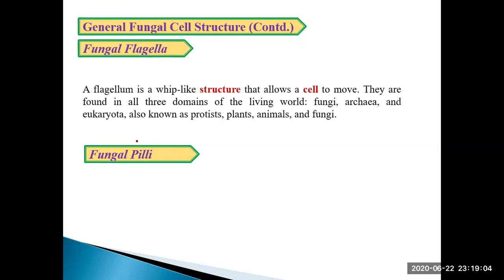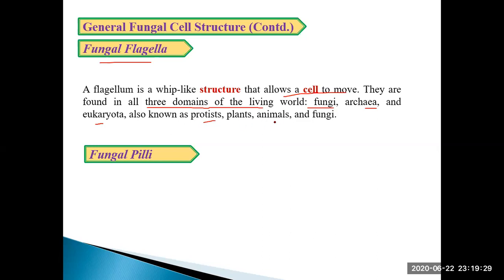And then the fungal flagella. We know what flagella is. A flagellum is a structure that allows a cell to move. Fungi also contain flagella, and flagella are found in three domains of the living world: bacteria, archaea, and eukaryota. In eukaryotes, protista also contain them.